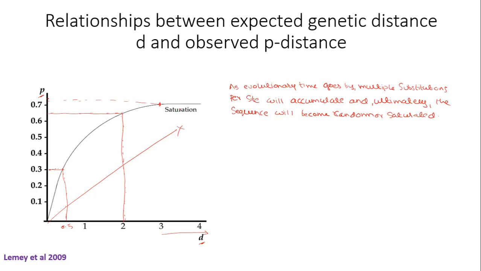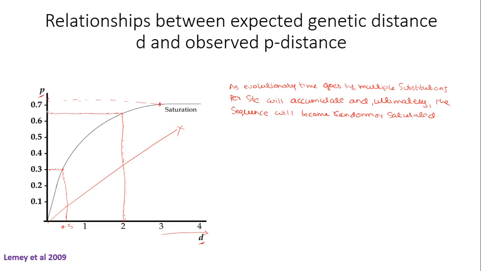So this saturation is observed here at a p value of around 0.7. When the p value comes to 0.7, whatever genetic distance is increased after that, it would not result in an increase in the p value or observed distance. This is what I want to say.